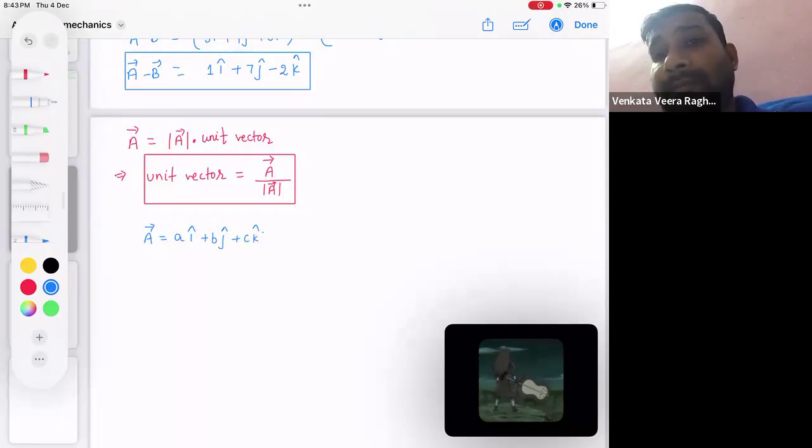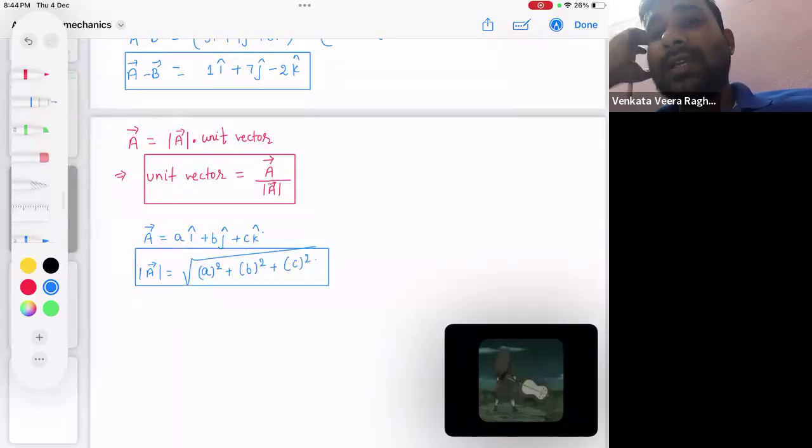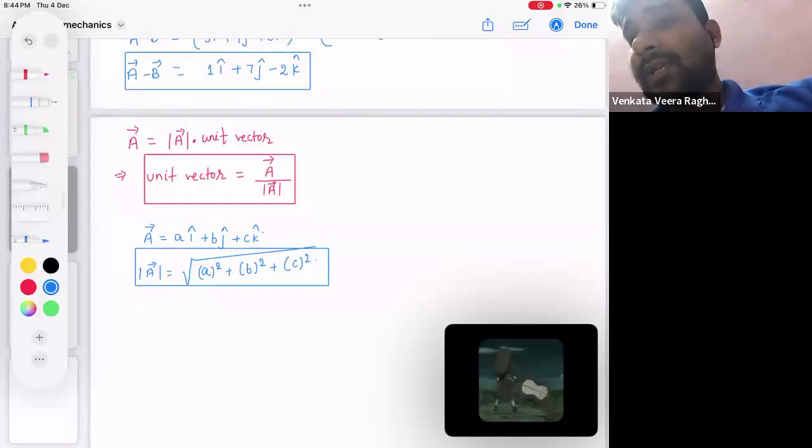What is the i cap component? A, so A square. The j cap component is B, so B square. The k cap component is C, so C square. So the magnitude of any vector we can find using this method: under root of its i cap component square plus j cap component square plus k cap component square.